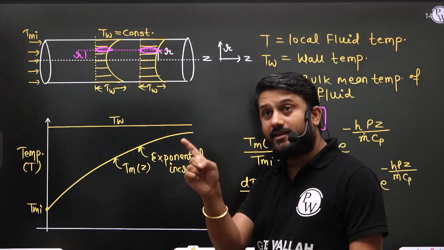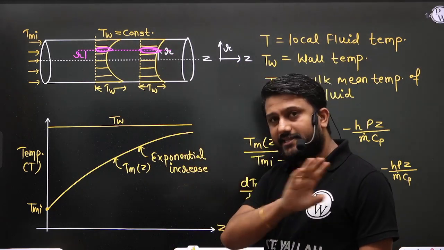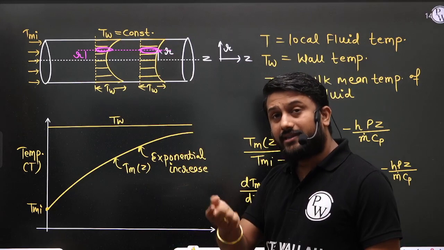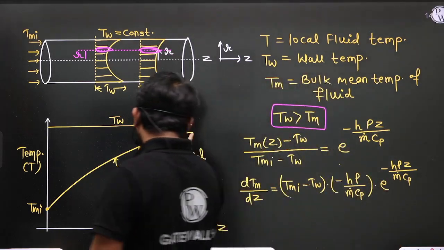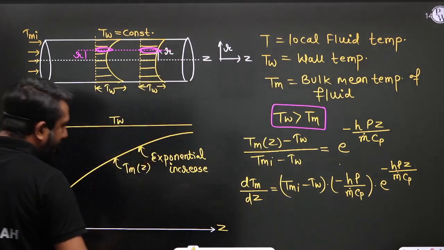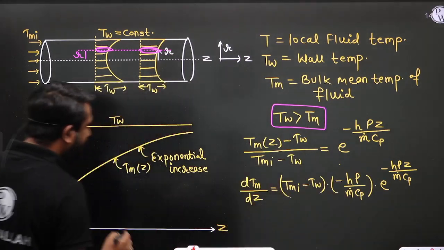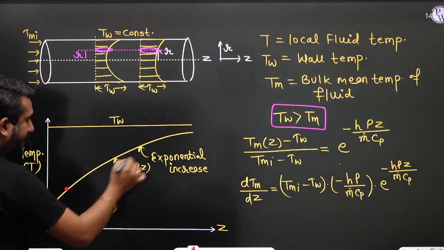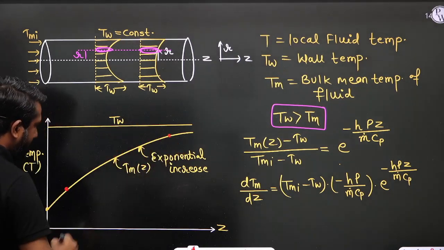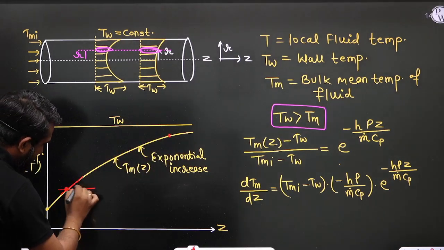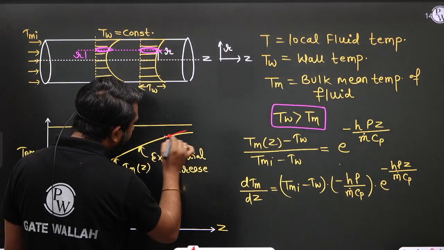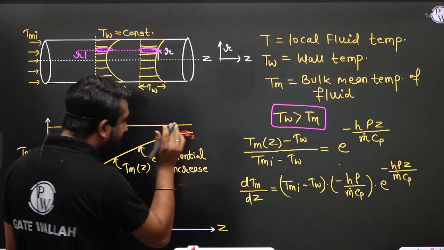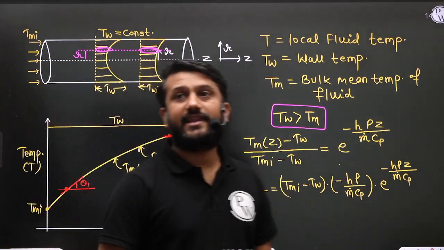But dTm by dz is nothing but the slope of this temperature profile. If you find the slope here, let us consider this slope is theta 1, and the slope here is theta 2, and it is very clear that theta 2 is lesser than theta 1.